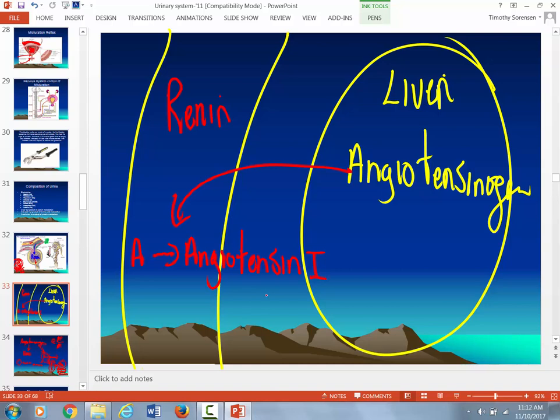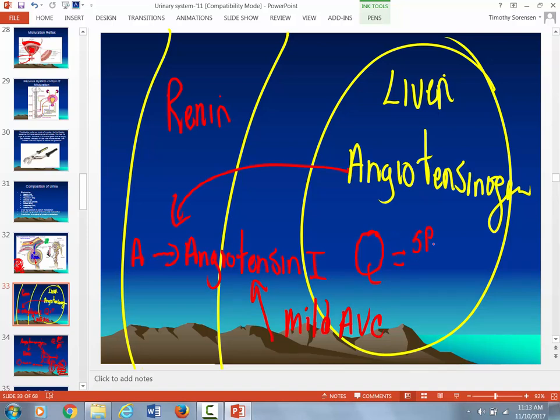And angiotensin 1 is a mild arterial vasoconstrictor. If you recall, some people got that question, Ohm's flow law. The goal of the cardiovascular system is to maintain blood flow, ain't that right?